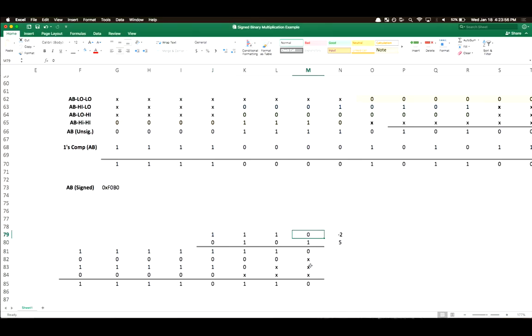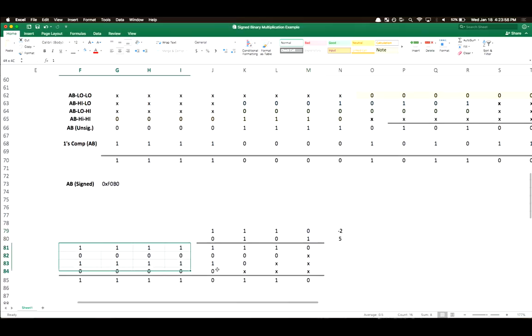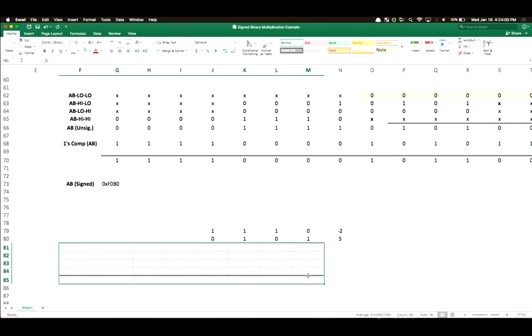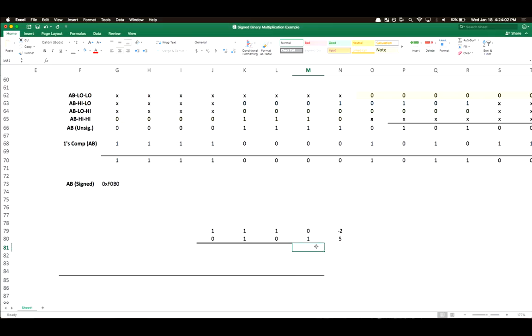Let me empty this out so I can show you guys. You're going to do the same multiplication, but now you have to worry about sign extension when you have a 1. So when we see a 1 in the least significant bit here, we're going to write out 0, 1, 1, 1, but then we have to do an extra step.